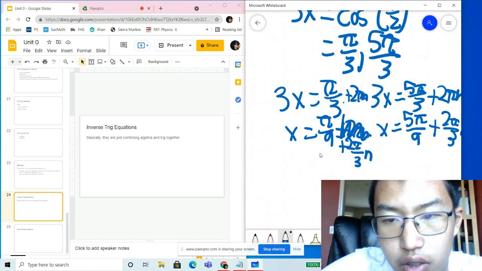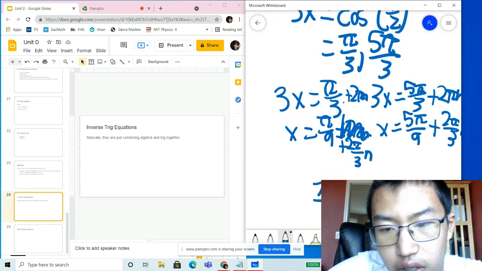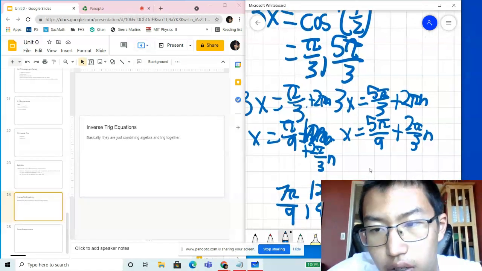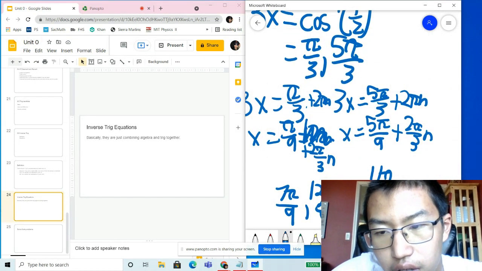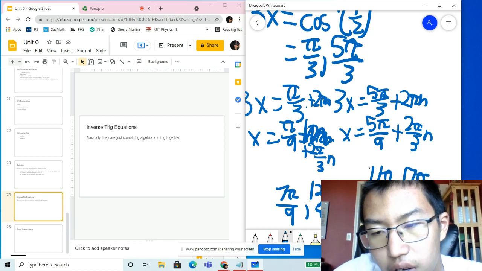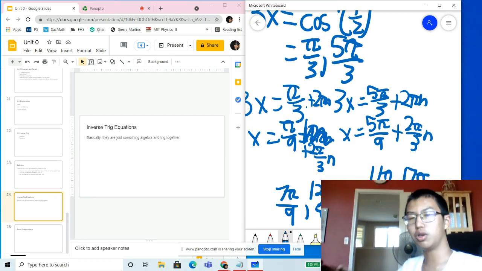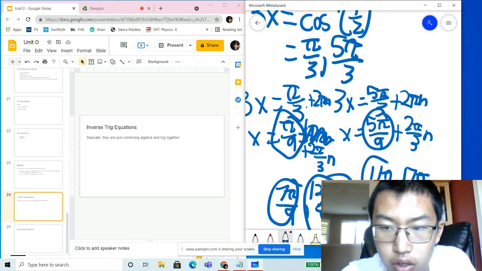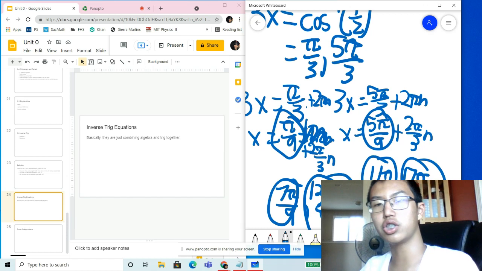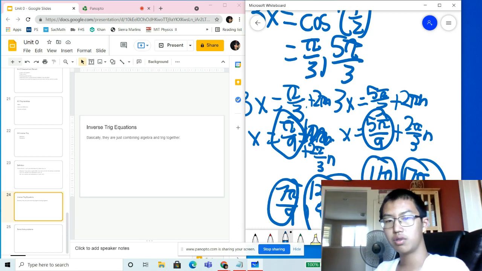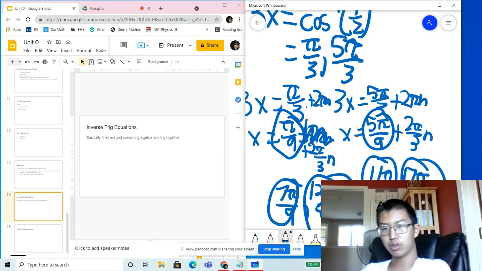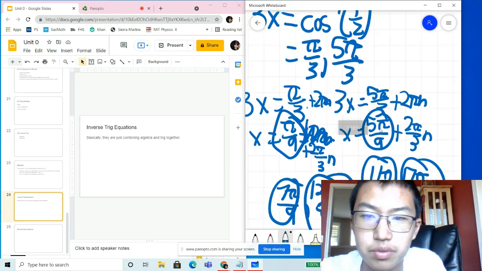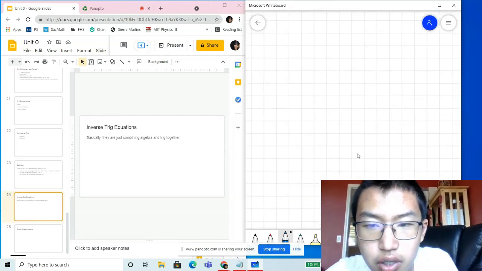So that means we have 7 pi over 9 and 13 pi over 9 on one side, and on the other side, we have 11 pi over 9 and 17 pi over 9. So as a result, we got 1, 2, 3, 4, 5, 6 solutions. Wow. Who ever thought we could do something like that? Well, this is trig, and that's what happens.